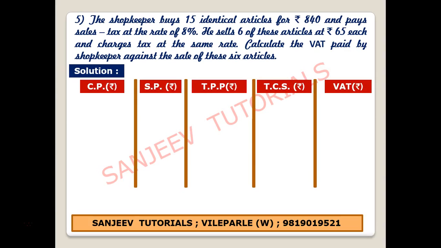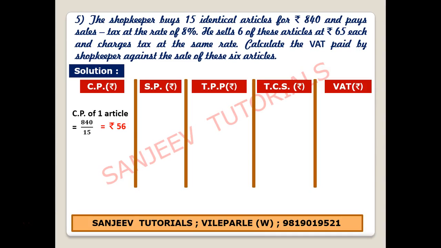In this question, the total cost price of 15 articles is rupees 840. So cost price of one article will be 840 upon 15, that is equal to rupees 56. We need to calculate VAT against the sale of 6 articles.